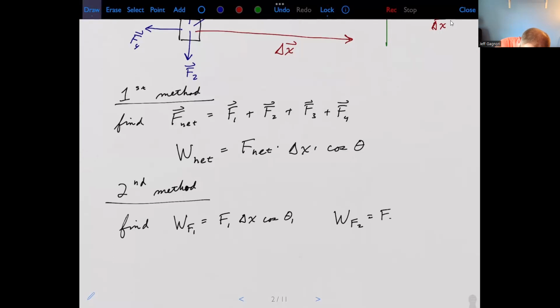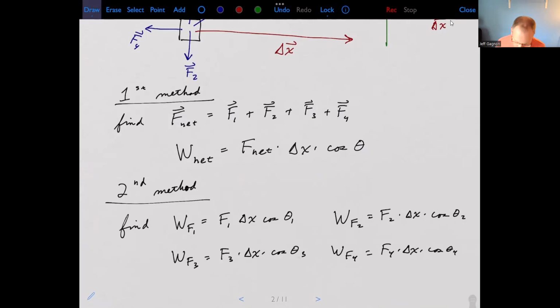So that would be F2 times the displacement times cosine of theta 2. Then I'd find the work done by F3. So that'd be F3 times the displacement times cosine of theta 3. Then the work done by F4. So F4 times the displacement times cosine of the angle theta 4.